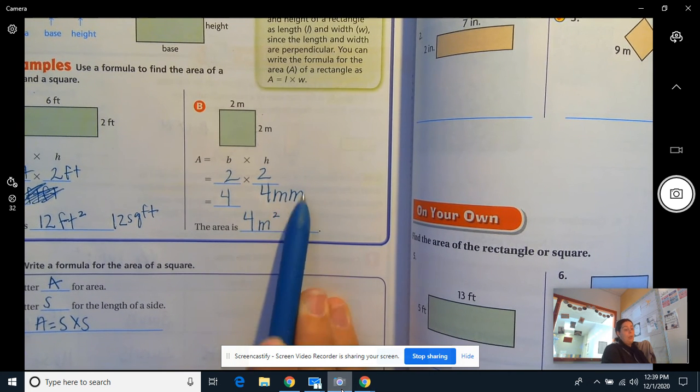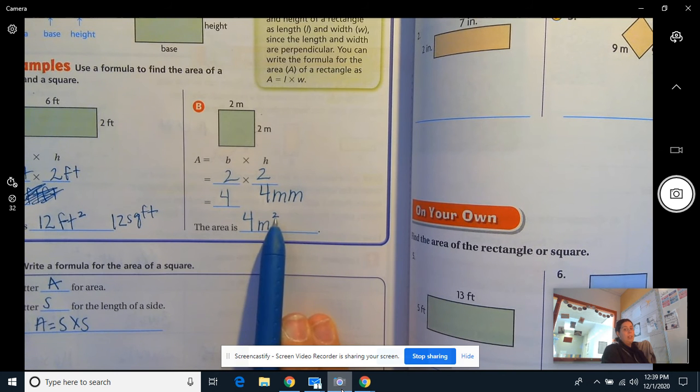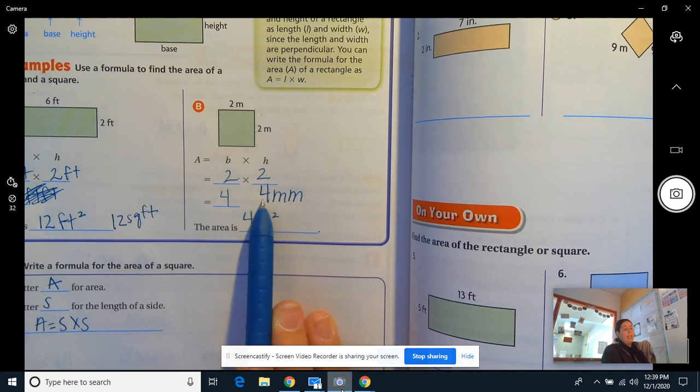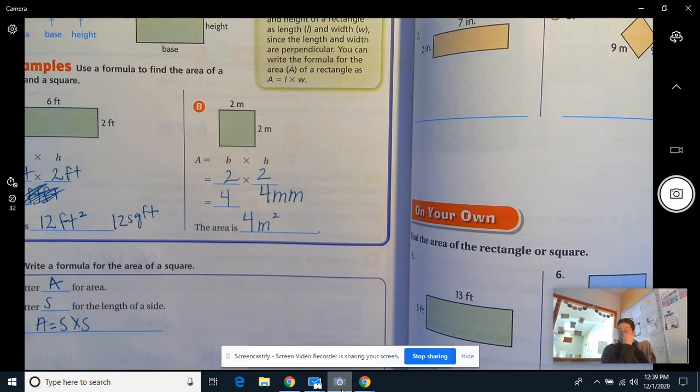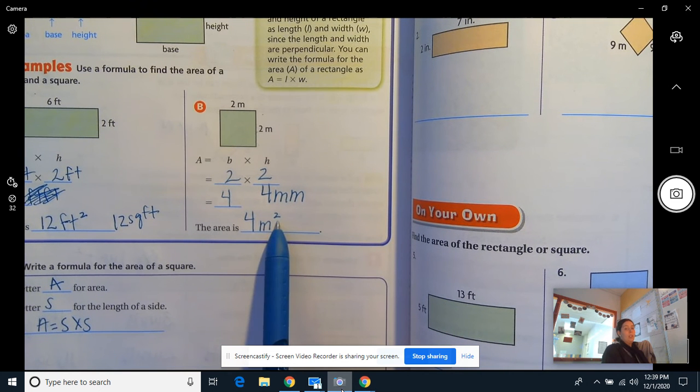That's why 2 m's multiplied together is squared. That's where this 2 comes from. Because we cannot write it like this, because this actually means millimeter, not meter. So if you write double letters, you may be writing the wrong answer because your label's wrong, okay? That's where that 2 comes from. And it's only for area, not perimeter, okay?